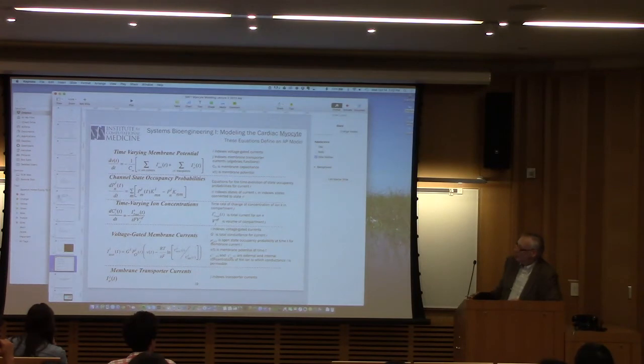Well, you've got to take all of these ordinary differential equations and current equations, and numerically integrate them in time. So you have to solve for channel occupancy probabilities, and you have to solve for concentrations in different compartments. You have to compute currents to get the time rate of change of membrane potential, and you're numerically integrating that as well. And so you will compute V of T.